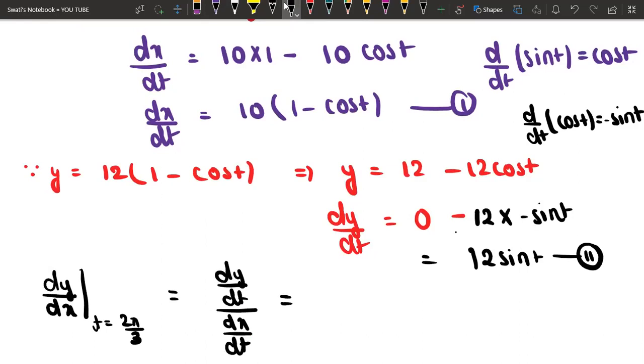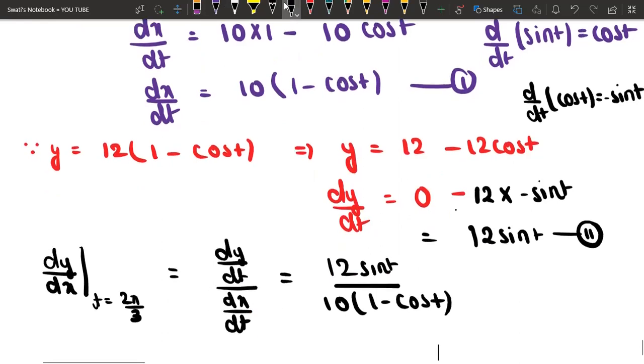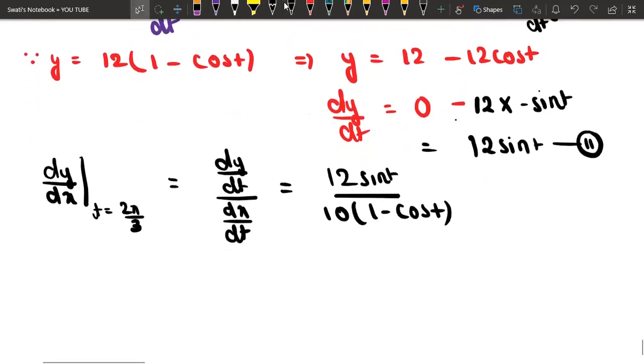Now dy dt, from equation 2, we have 12 sine t, the value. And from 1, we have 10 times 1 minus cos t. But we need to find out the value at t equals 2 pi by 3. So let's put the value. So this will become 12 times sine 2 pi by 3.